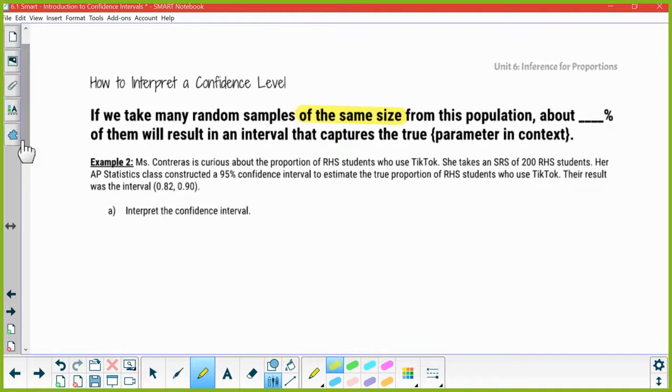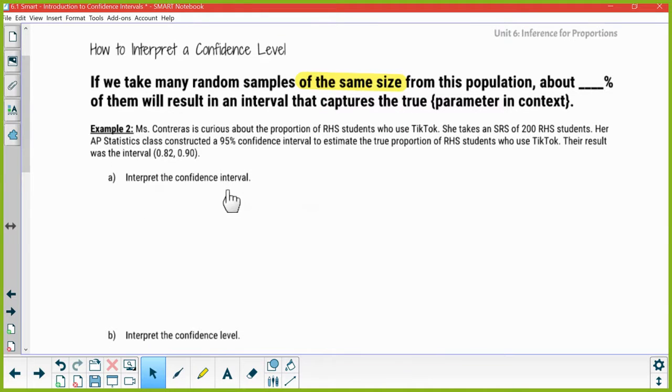So, Ms. Contreras is curious about the proportion of RHS students who use TikTok. She takes an SRS of 200 RHS students. Her AP Stats class constructed a 95% confidence interval to estimate the true proportion of RHS students who use TikTok. Their result was the interval from 0.82 to 0.90. So we're going to go ahead and get into interpreting the confidence interval.